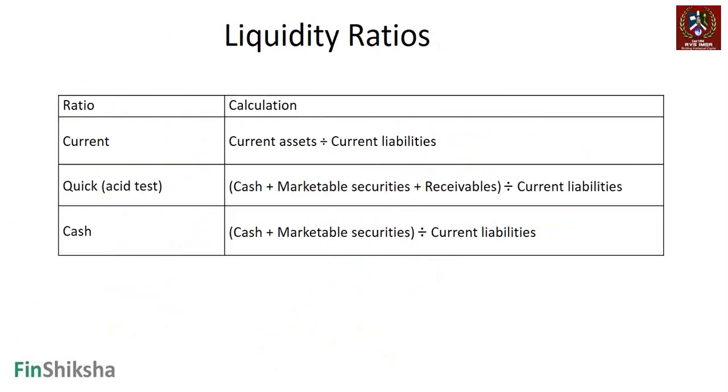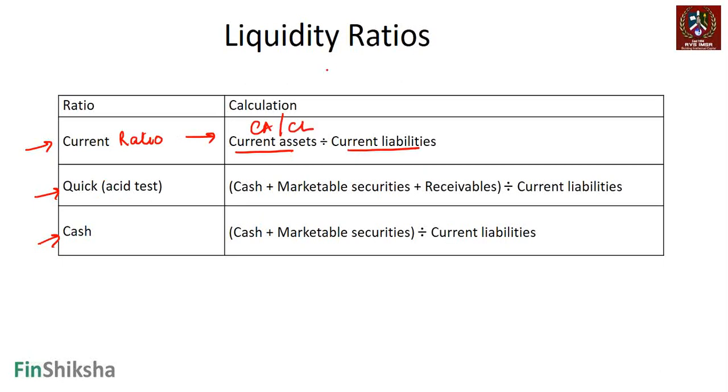So if we are looking at the liquidity status, these are called as liquidity ratios. There are three broad ratios that we use. This is called as current ratio, quick ratio, and cash ratio. So if you simply understand what the current ratio is: total current assets divided by current liabilities. Current assets divided by current liabilities.